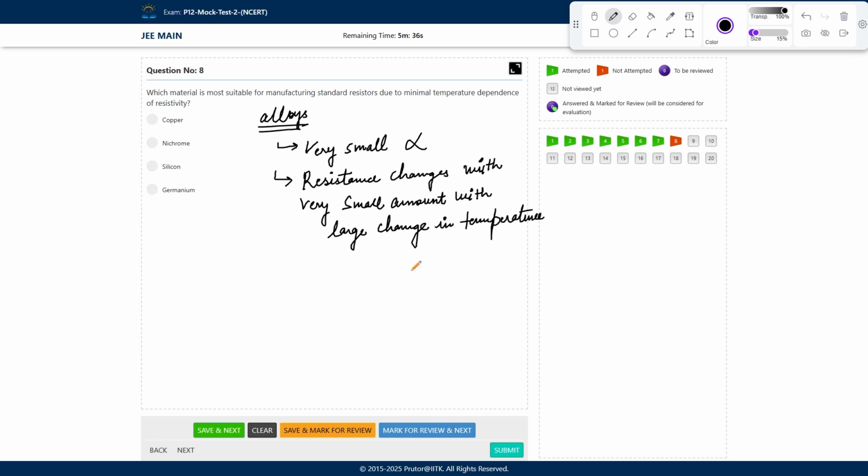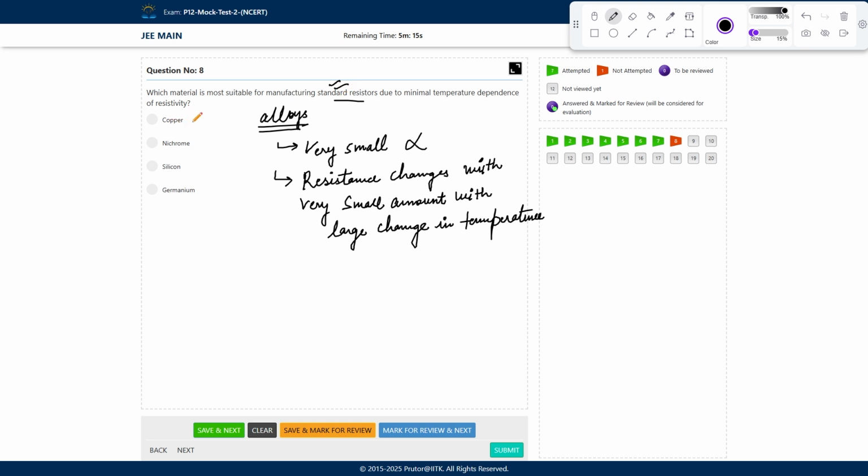Okay, so their resistance changes with a very small amount with large changes in temperature. So alloys can be used as standard resistor coils. Standard means their resistances should not change much with the temperature. The resistance remains almost constant.